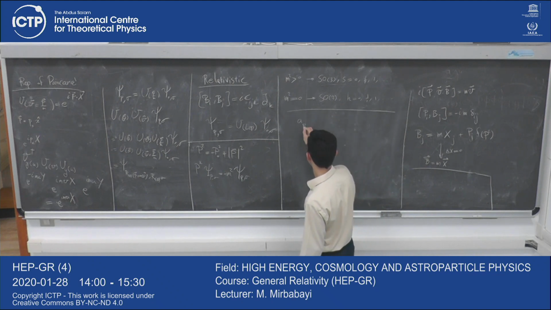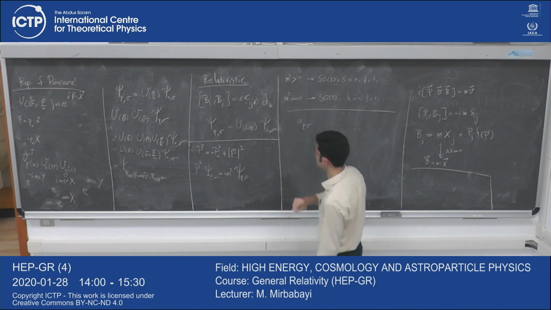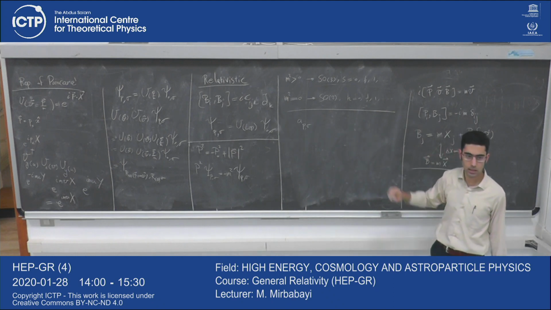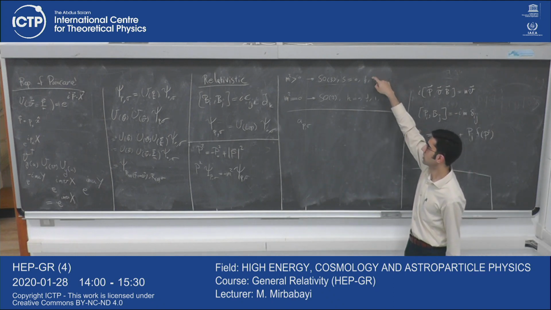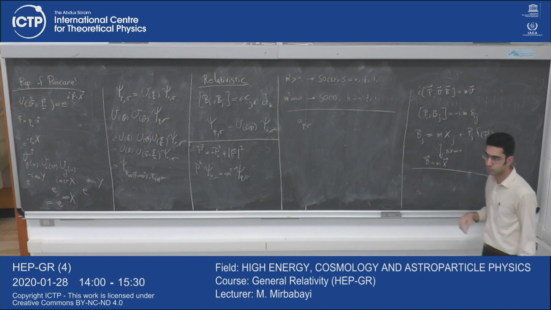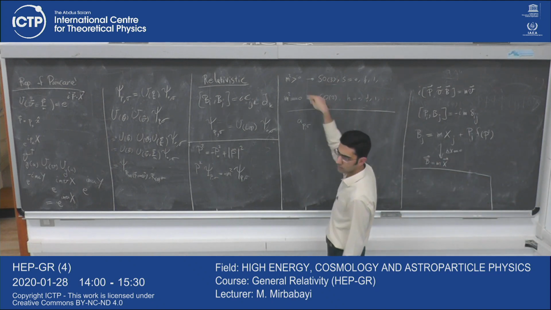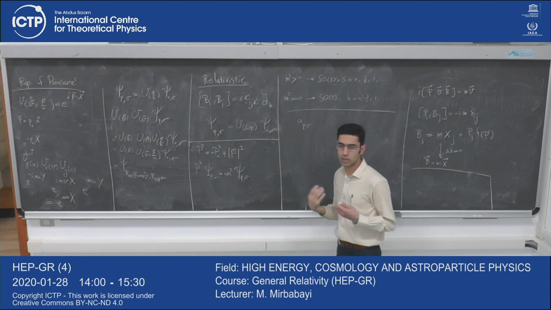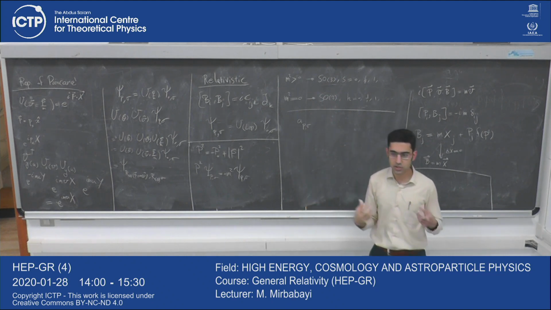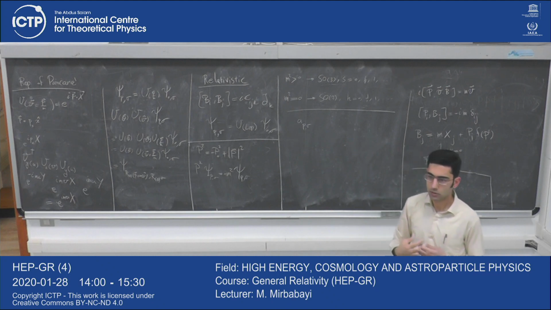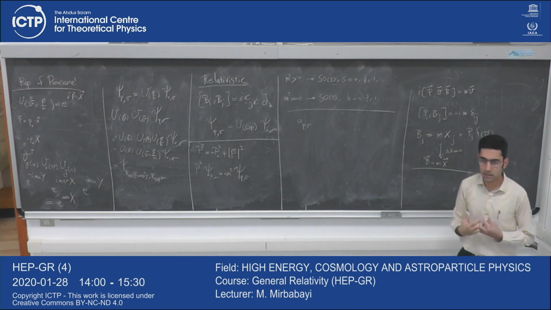So we have a's and a daggers, which depend on the momentum and sigma, this internal degree of freedom, which is a spin or helicity, depending on that. So we have a's and a daggers for any representation that we have, and we want to construct interactions between these particles, which are Lorentz invariant.